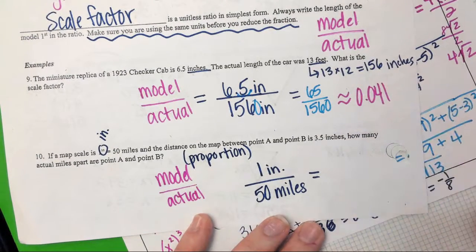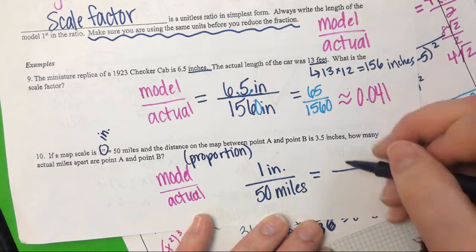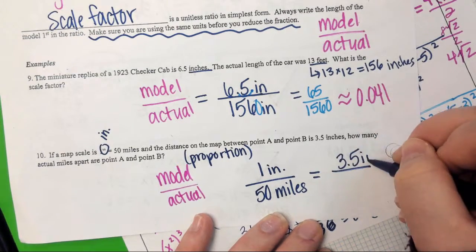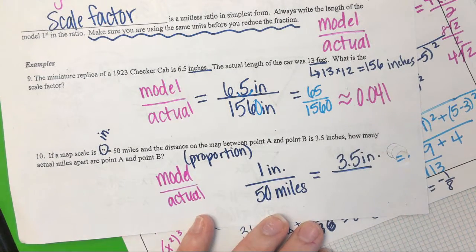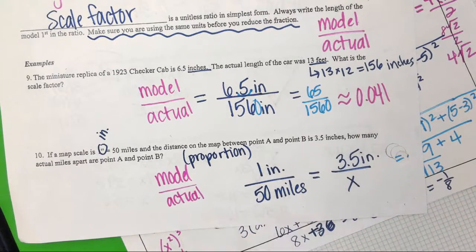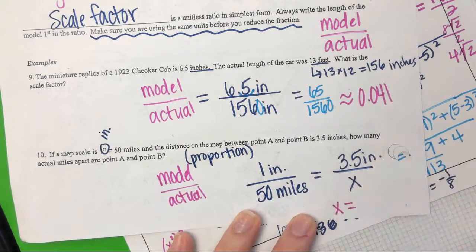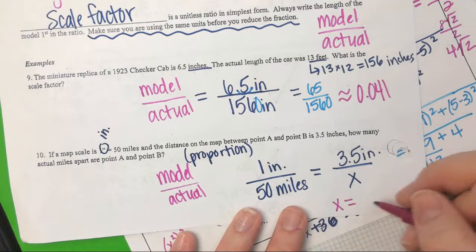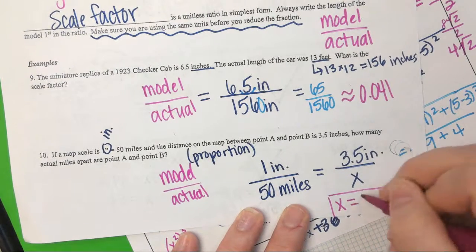And they told me between A and B it was 3.5 inches. And then they asked how many miles, so I'm going to put an X there. When you cross multiply, you end up getting X equals 175 miles.